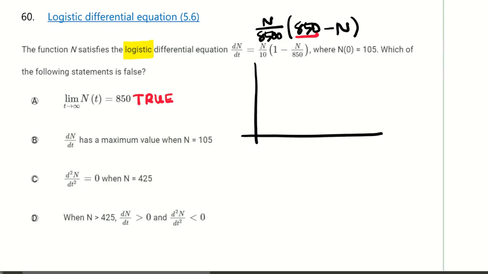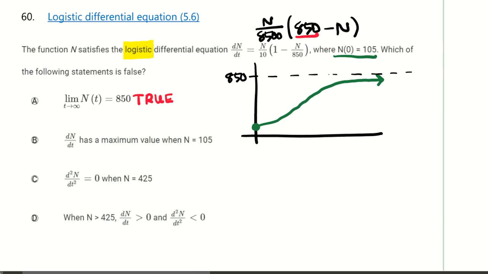Now if n of 0 is 105, which is less than half of the carrying capacity, that means that if this is, let's just say this is 850, if we're starting at 150, it's going to have that S-shaped curve.